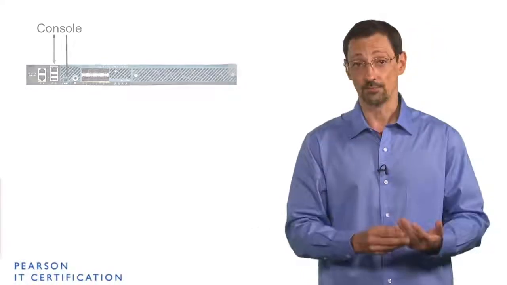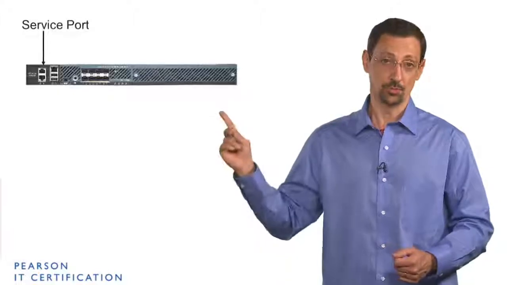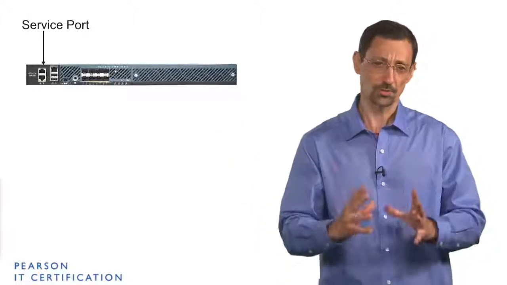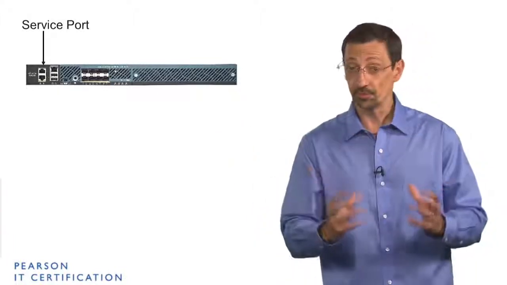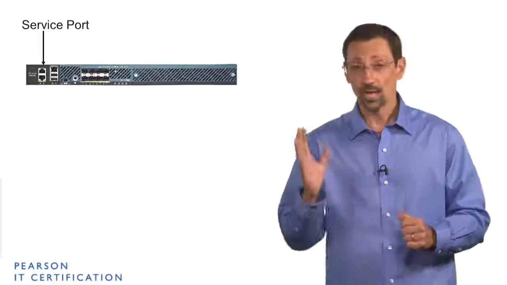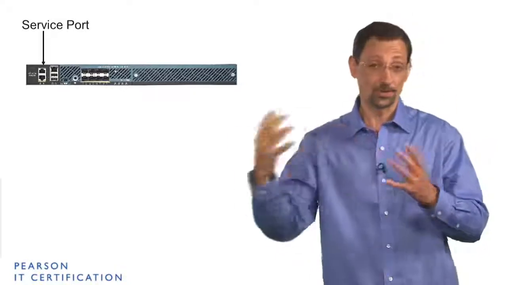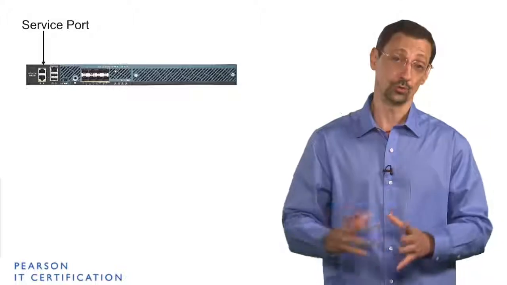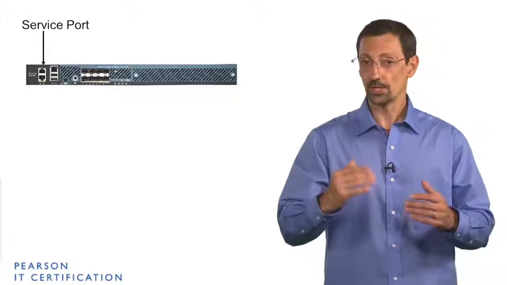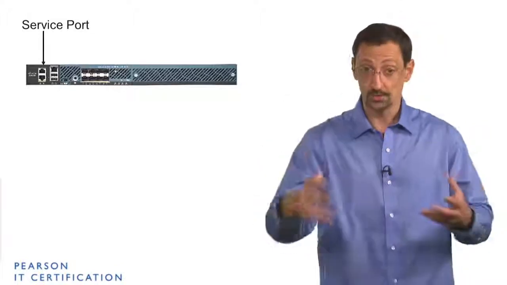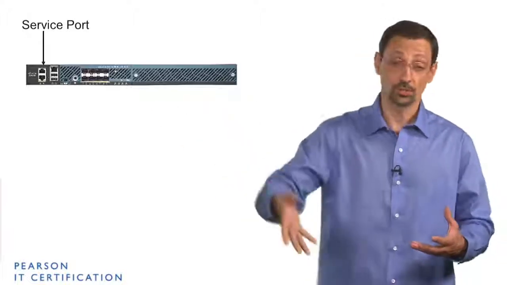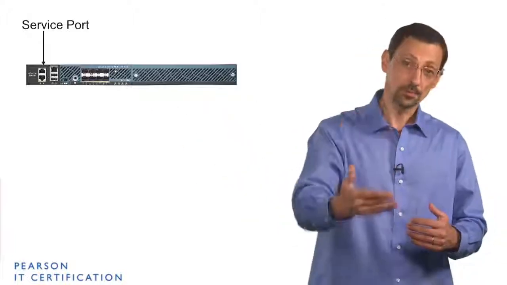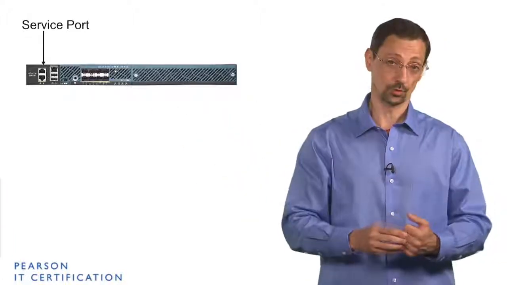So that's the CLI. There is another interface which is very nice, and it's called a service port. What this one does is that it's an out-of-band management interface. It will have a different IP address from the rest of your network and from the rest of your controller connections. And what you do is that you can connect to a subnet where that service port connects, and you can get a web interface that is an access into the controller.